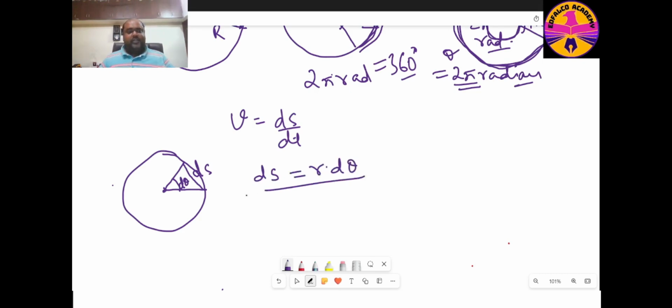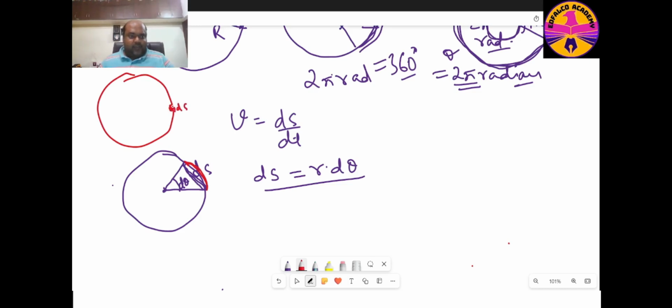Now here one thing to understand is that this ds is basically this line, when I was talking about this arc length. But the point here is that this d theta is so small that the length of the secant is approximated to the length of the curve. If you are drawing a circle and taking this point and a very nearby point, and you draw a straight line, that is ds.